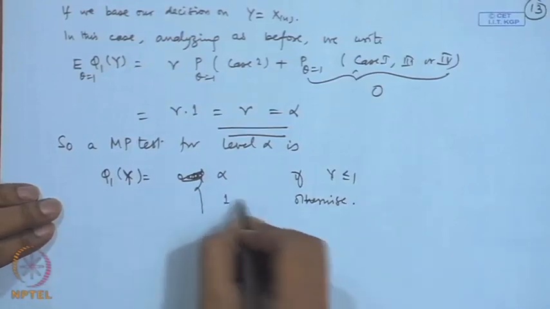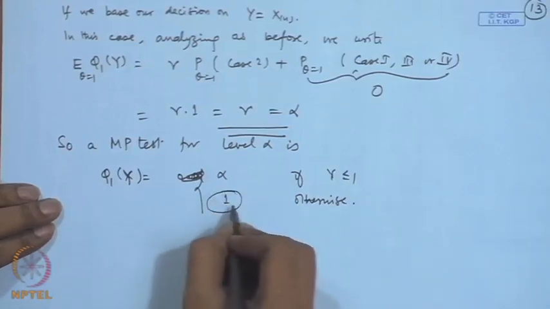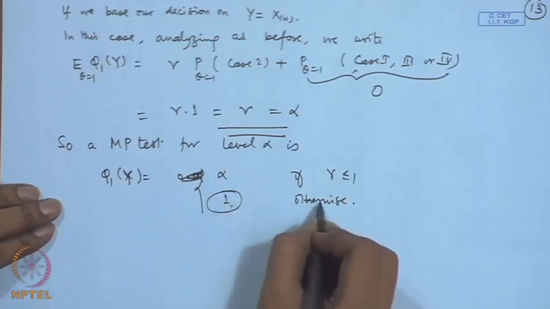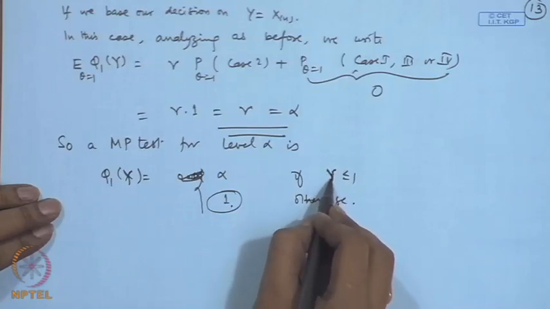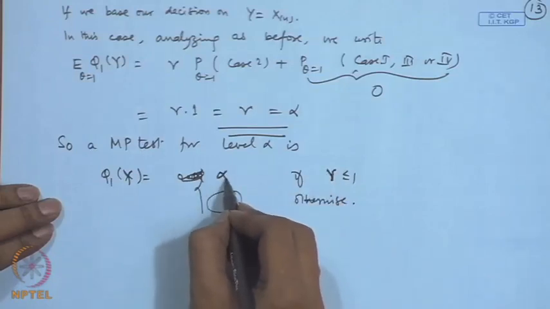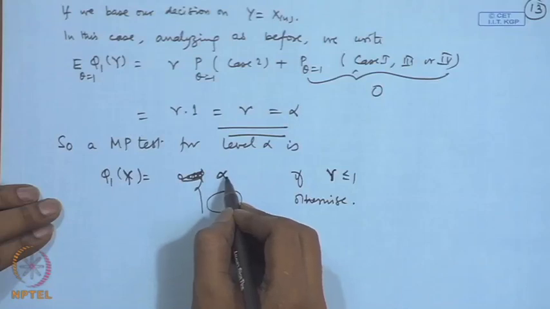That means, what we are saying, reject all the time except for the case when Y is less than or equal to 1. If Y is less than or equal to 1, then you are rejecting with probability 0.05 and otherwise you are accepting.